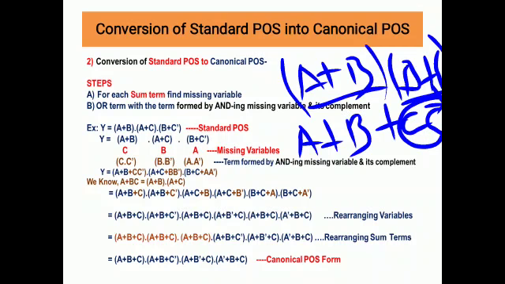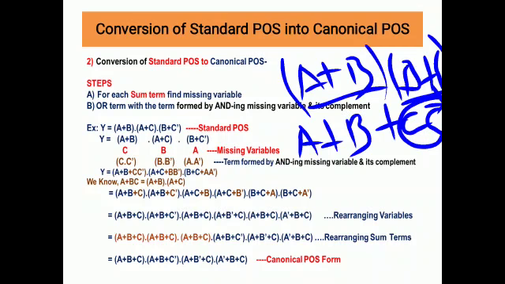The example given is A plus B in the bracket, second bracket A plus C, and third bracket B plus C bar. In the first, A plus B is given, so C is missing. Second term A plus C, B is missing. In the third term B plus C bar is given, so A is missing.